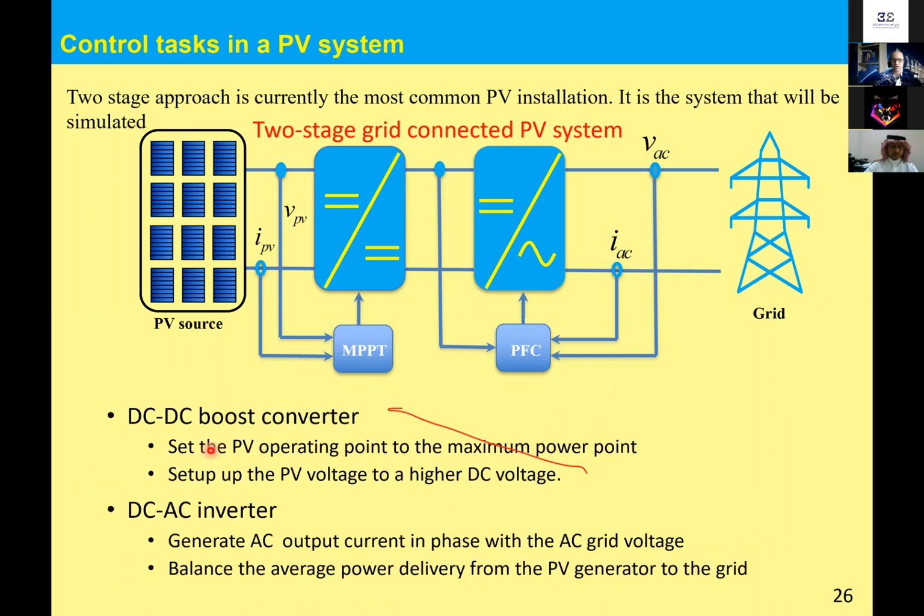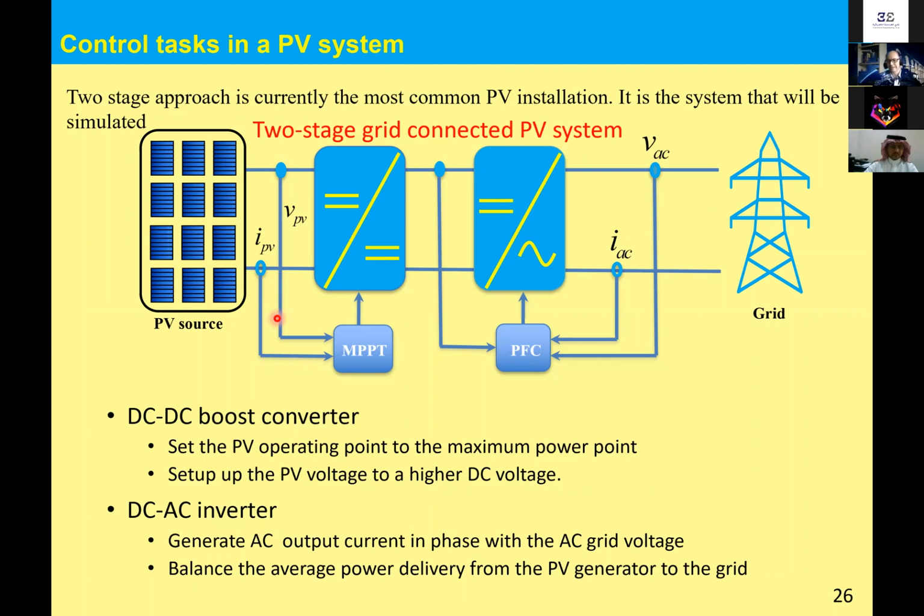So as I told before, the DC-DC converter is responsible for setting the PV operating point to be the maximum power point. And evidently, because it is a boost converter, it steps up the PV voltage to a higher DC voltage. So the DC voltage between the inverter and the converter must be higher than the voltage at the output of the PV source.